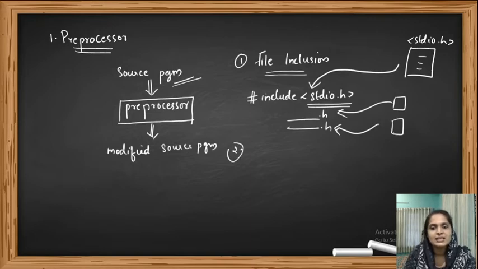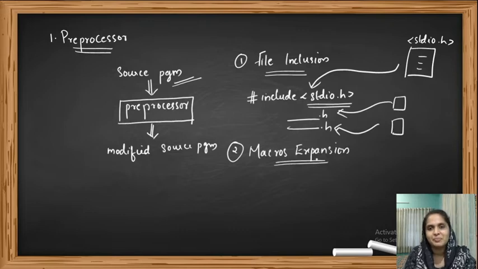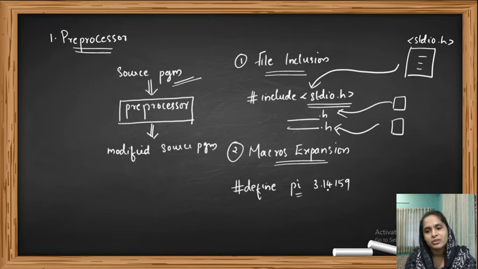And the second task is macros expansion. What is a macro? Sometimes you can see a statement like this, #define pi 3.14159. Here, this means that we are defining the value 3.14159 as pi. So, in the program, wherever we want to use the value 3.14159, we can just use the term pi.